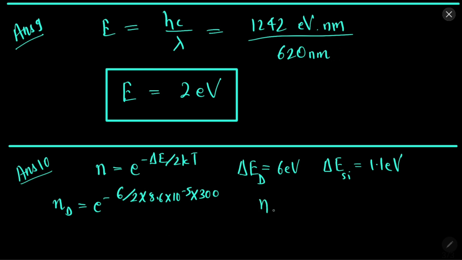And similarly, N of silicon will be e to the power minus 1.1 over 2 into 8.62 into 10 to the power minus 5 into 300.